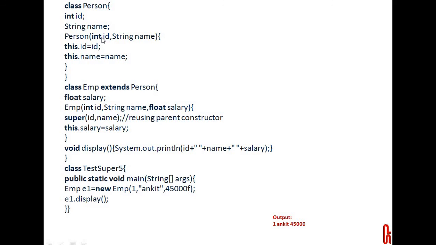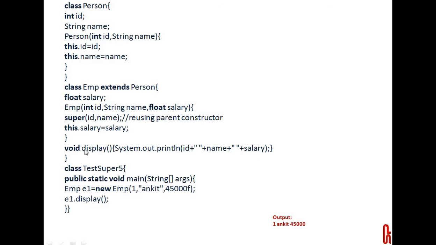So int ID and string name, these two values are brought here, and EMP ID and name values are collected from parent class, the class person, and salary value is locally given. this.salary is equal to salary. So these three values, first two values are collected from parent class, and the third value is given locally.